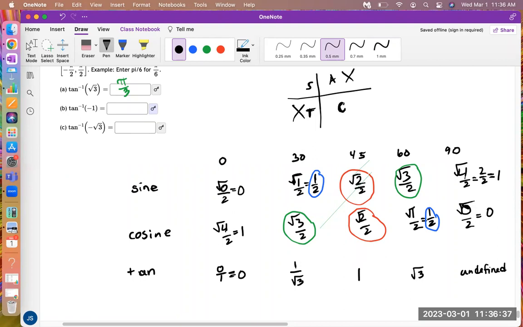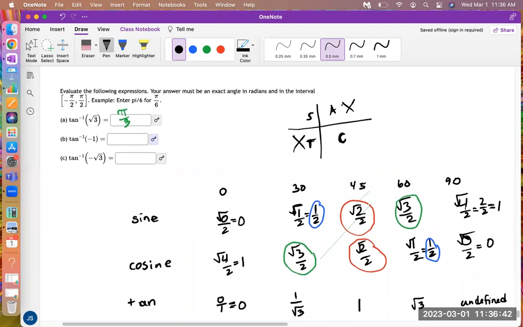They wanted us to report an angle between -pi/2 and +pi/2, which includes the first quadrant and the fourth quadrant. So they're going to want us to report the angle in the first or fourth quadrant.